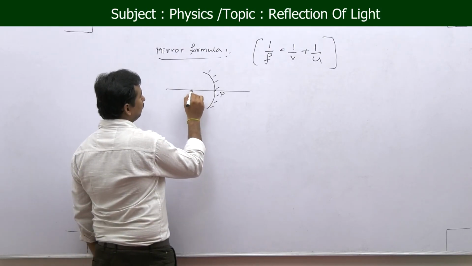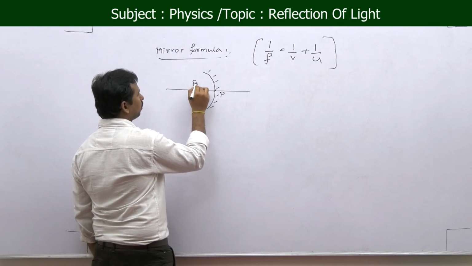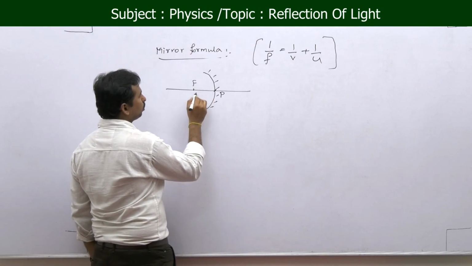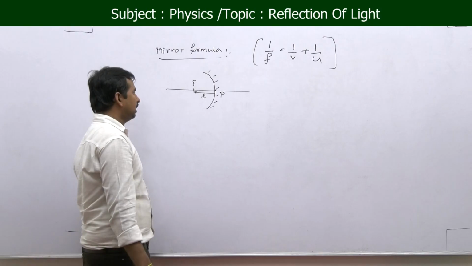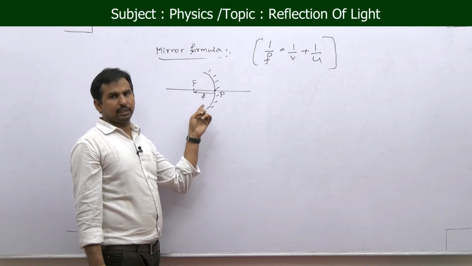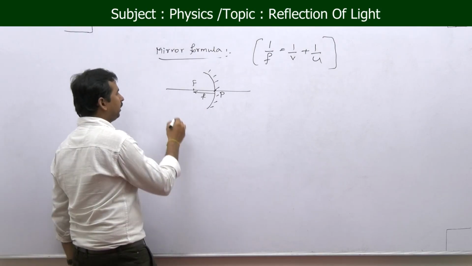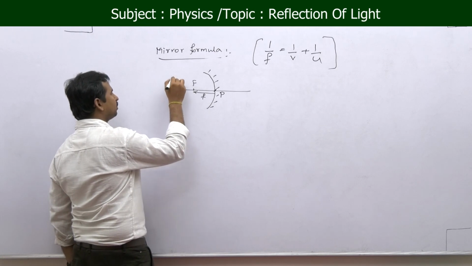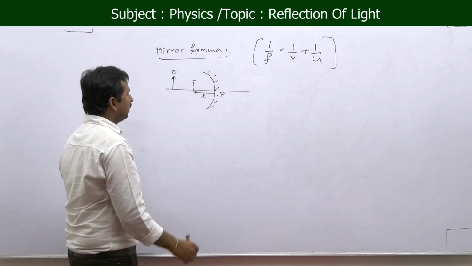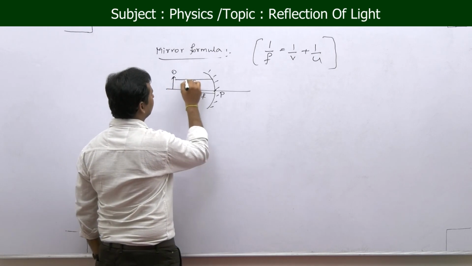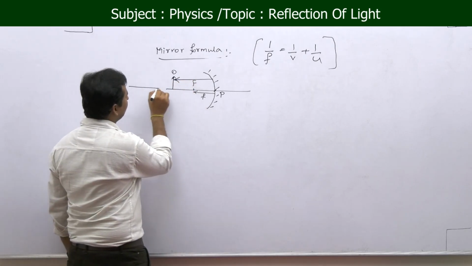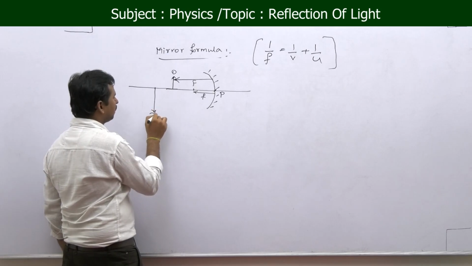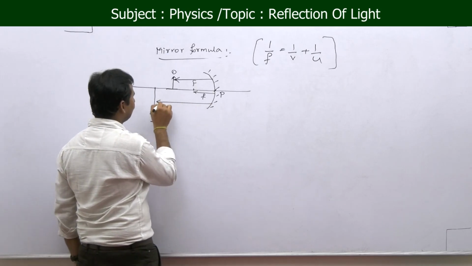Suppose the focus position for a concave mirror is here, then we have to measure the distance starting from the pole. This is the focal length distance. In the same way, if this is our object, the object distance also we have to measure starting from the pole. And not only that, the image formed here, this also we have to take starting from the pole.